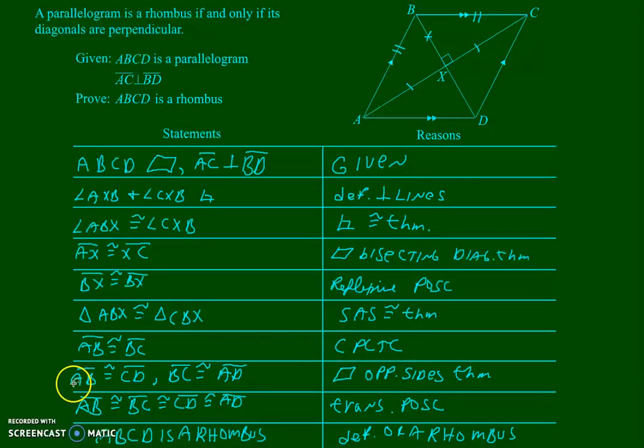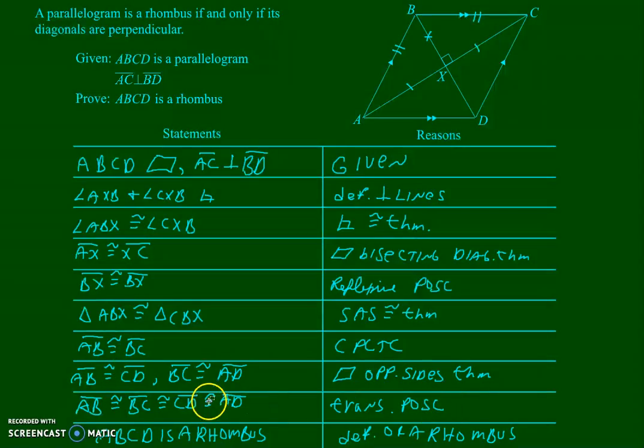Then we know that AB is congruent to CD, and BC is congruent to AD by the parallelogram opposite sides theorem. We know that this is a parallelogram, so these 2 sides and these 2 sides have to be congruent. Therefore, AB is congruent to BC, is congruent to CD, is congruent to AD by the transitive property of segment congruence.